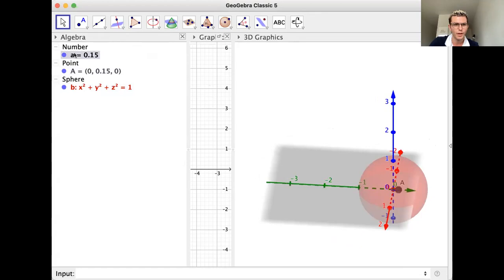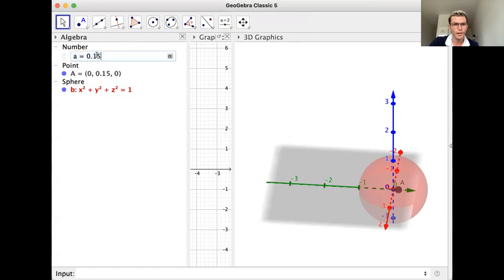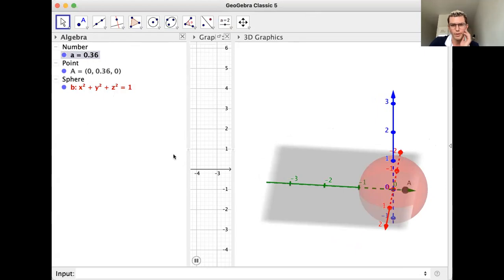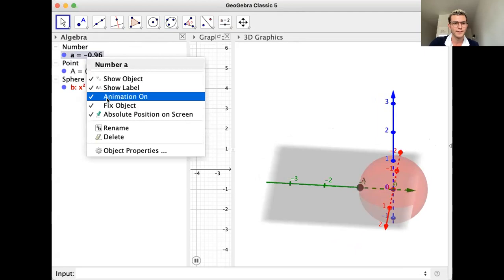And I can move it around. Okay, everyone sees it moving. There you go. So that's the point below, right? If you look at the coordinates, only the y is changing. So let me fix the animation.